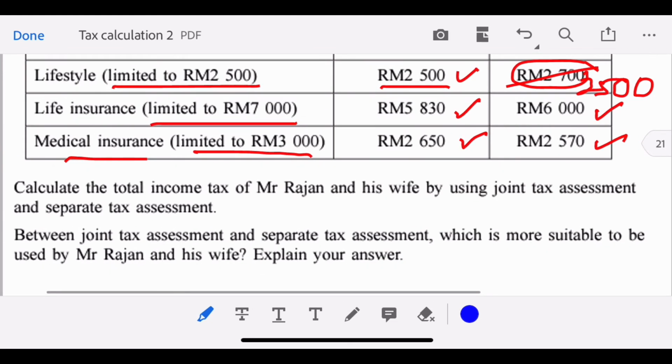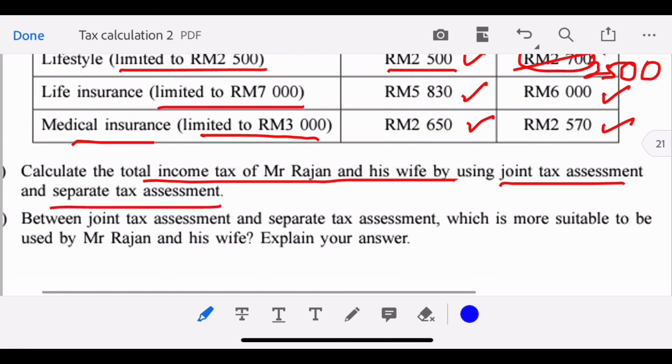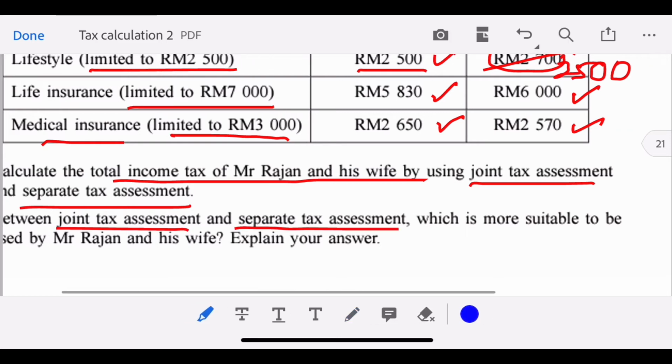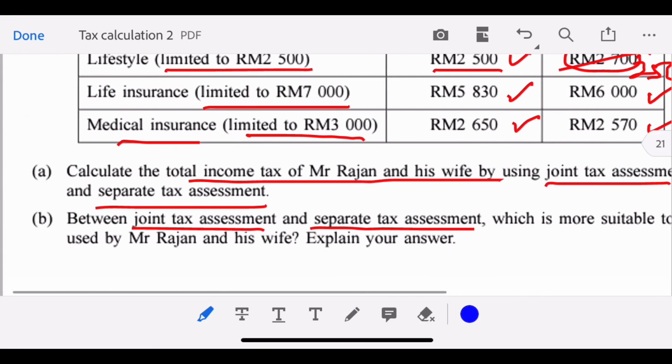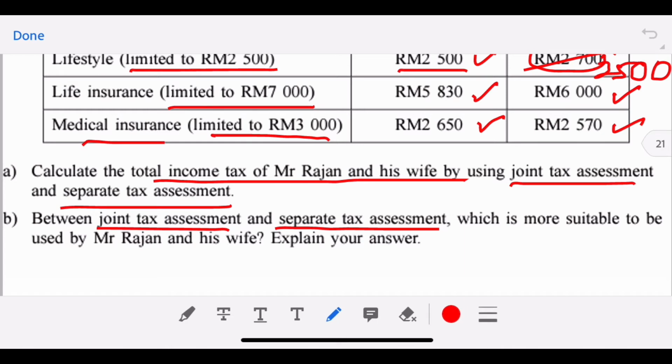So calculate the income tax of Mr. Rajan and his wife using joint tax assessment and separate tax assessment. So let's see how to do the calculation for joint tax assessment and separate tax assessment, and which is more suitable to be used by Mr. Rajan and his wife.